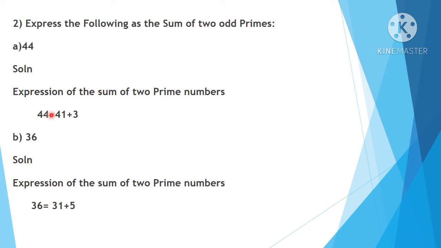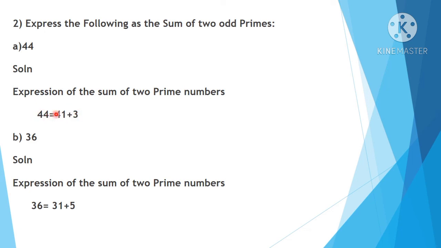So 41 plus, with 41, when you add which number will you be getting 44? 41 plus 3, right? So 41 plus 3, what answer are you getting? 44. So 41 is an odd number and also a prime number. 3 is an odd number and also a prime number.